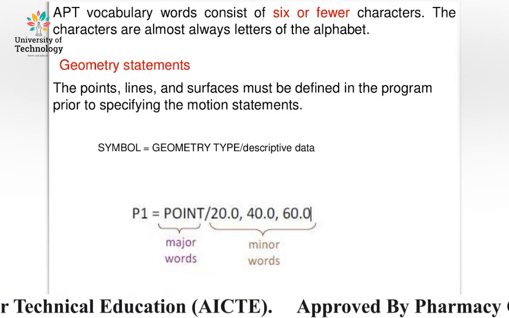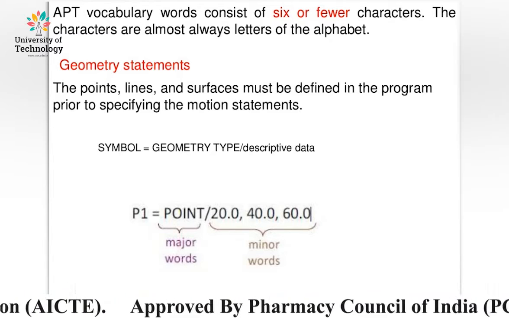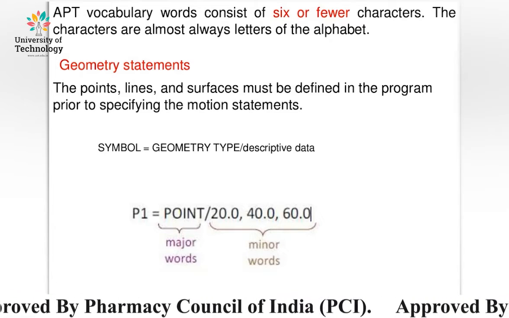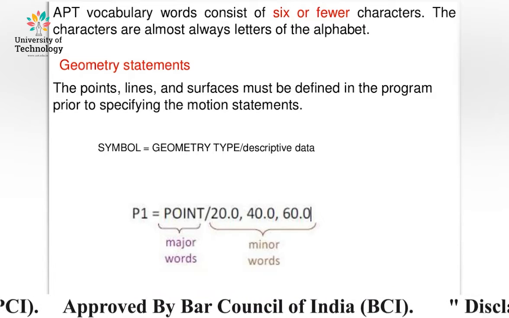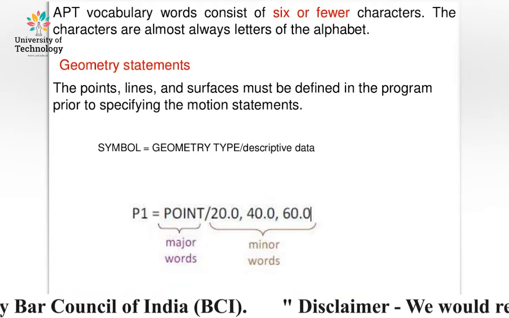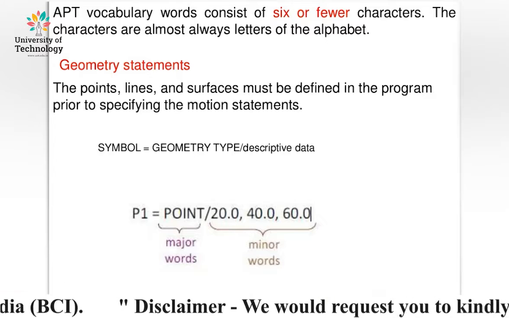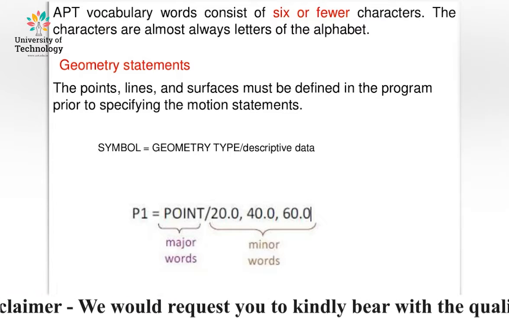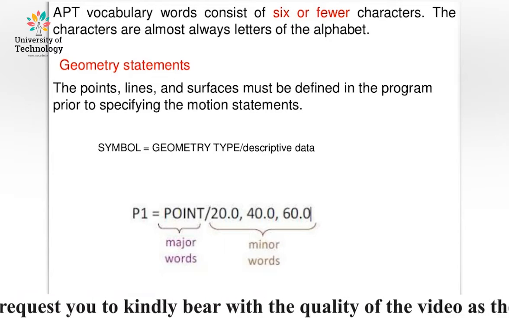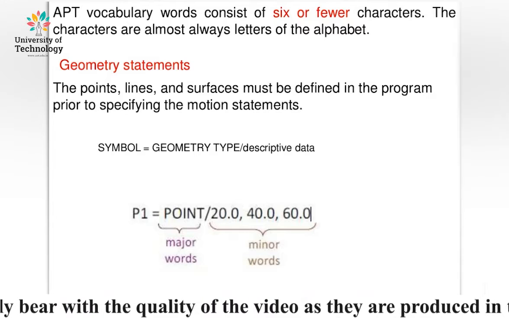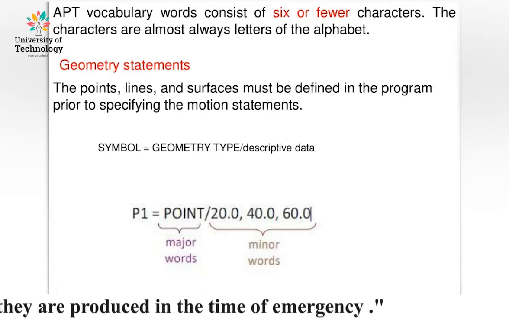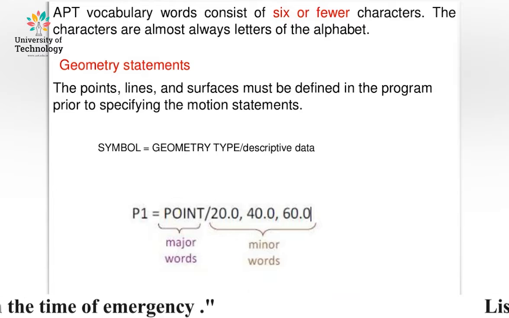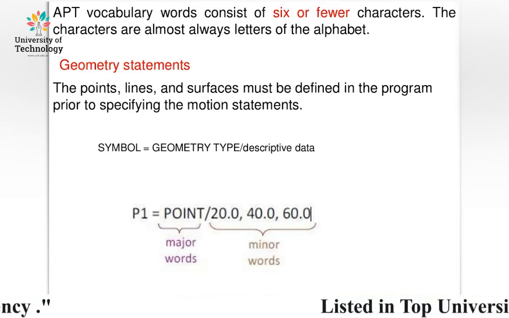In detail, the geometry statement: the points, lines, and surfaces must be defined in the program prior to specifying the motion statements. The common statement is: symbol equals type of geometry, slash, descriptive data.